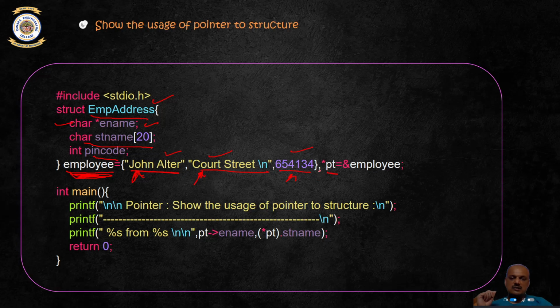So what is star pt? Star pt is a pointer which can point to any instance created out of this particular user defined data type, that is employee address, and I've already created an object of this data type, which is the employee. So the address of employee is now passed to this pointer.